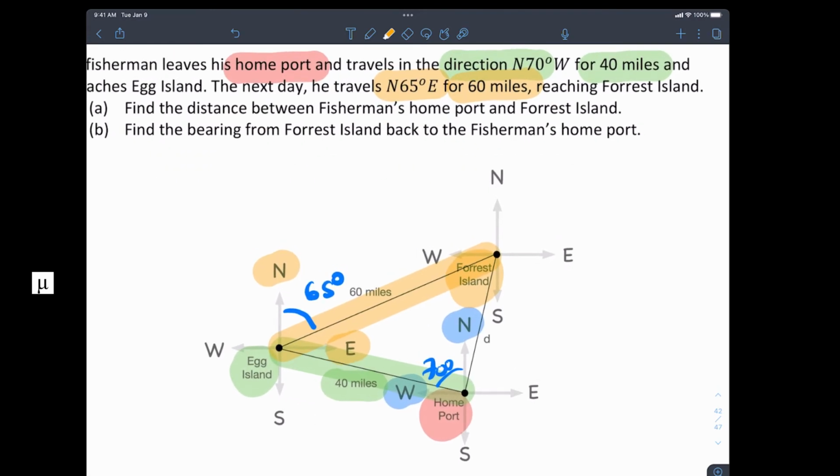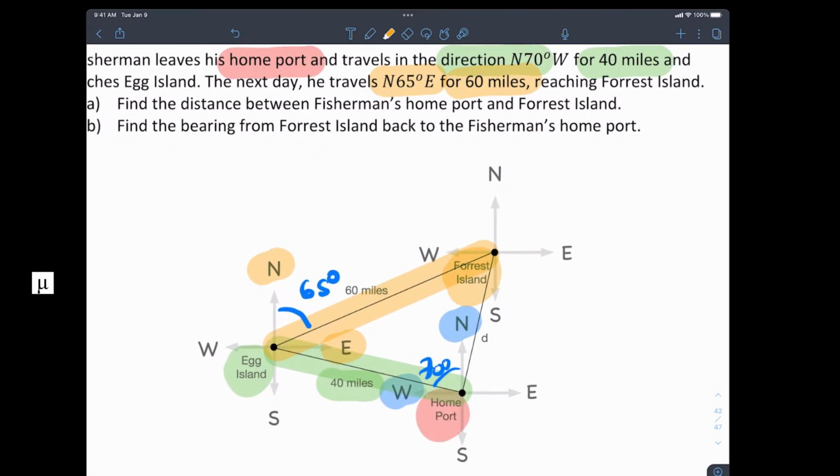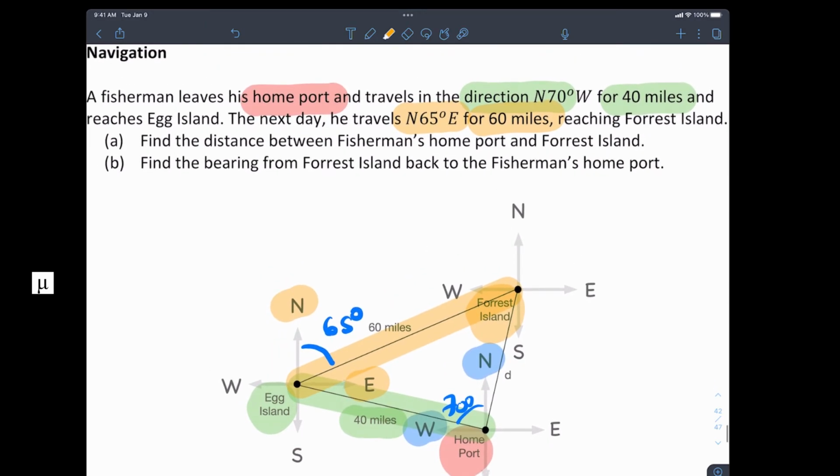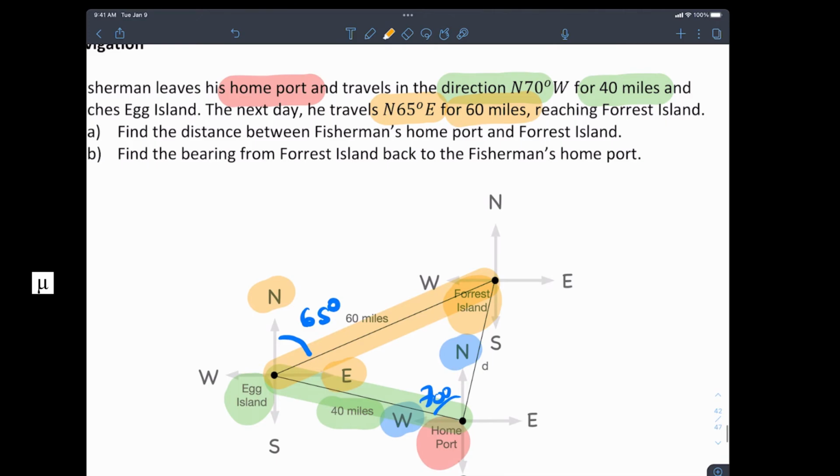So again, they gave us some nice piece of information. Easy breezy lemon squeezy. All right. So I'm just matching the words with the picture. What do you guys think? Okay.